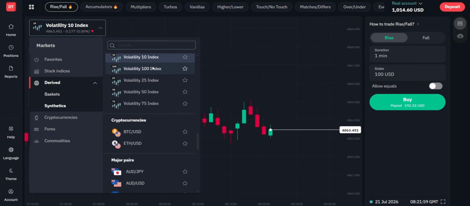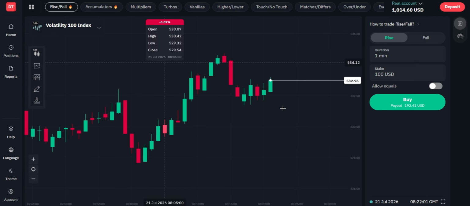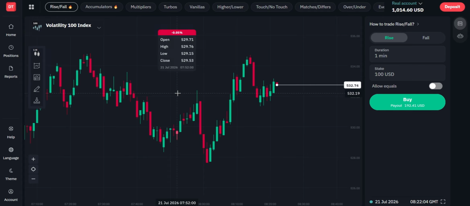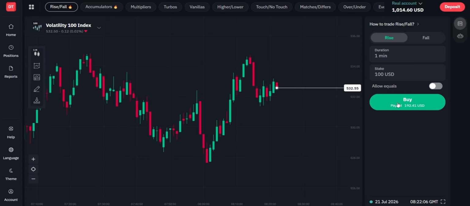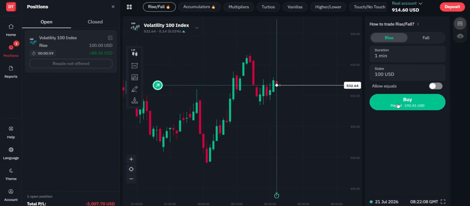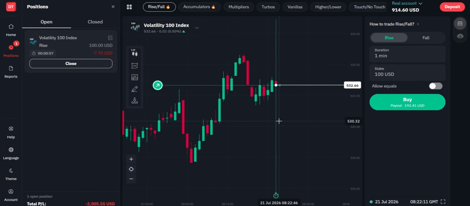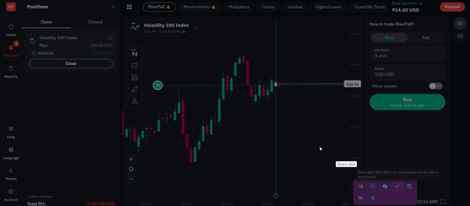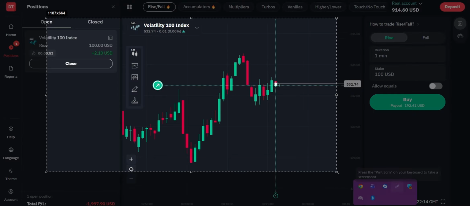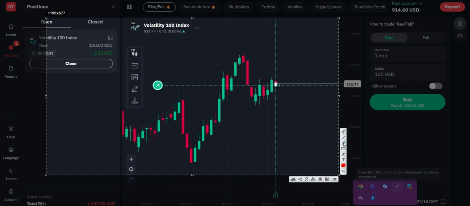So let me find the opportunity. Okay, so here I'm going to place a higher option. All right, I placed a higher option trade. Let me explain why. So guys, here I place a higher option trade because the momentum is very strong, and I'm expecting the market will go up again, right?